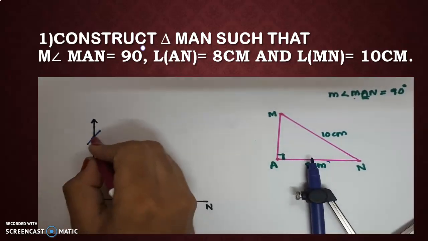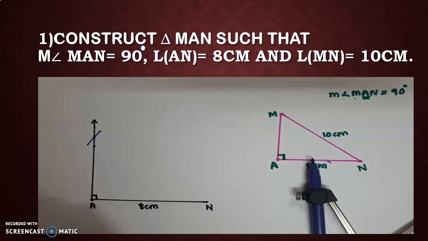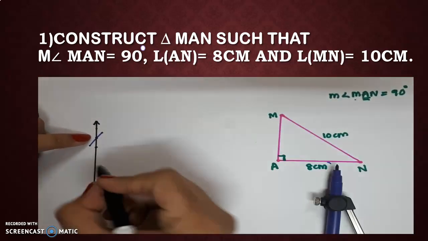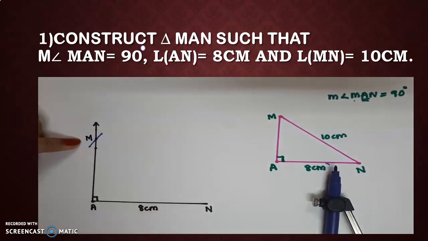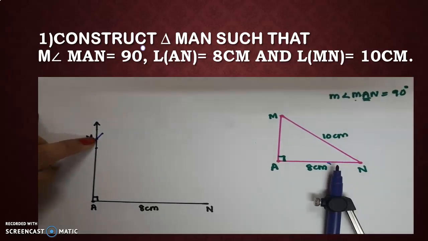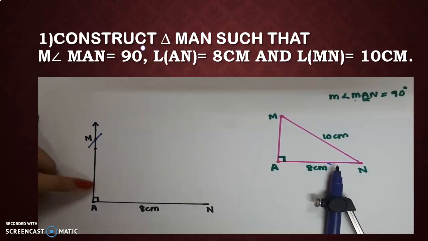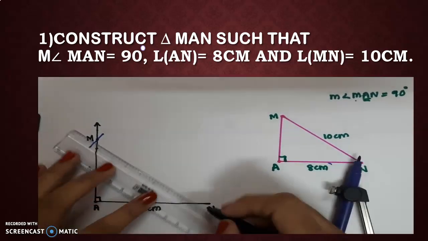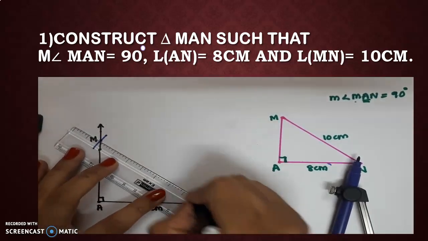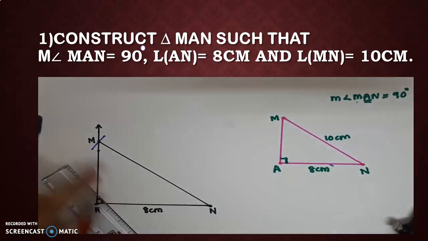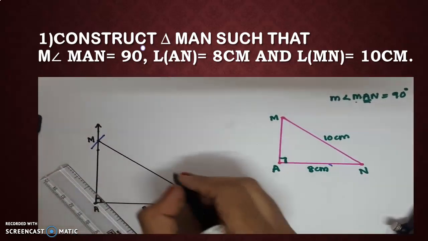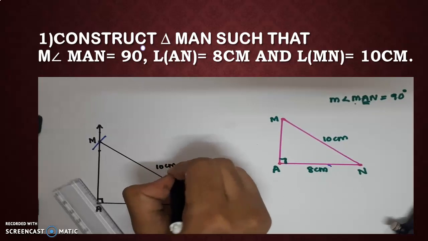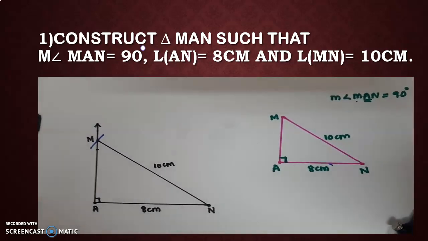Where this arc intersects the ray, this point is nothing but our point M. So here we will give the name M. Now we join this point with point N. MN is given as 10 centimeters, so here we will write 10 centimeters.